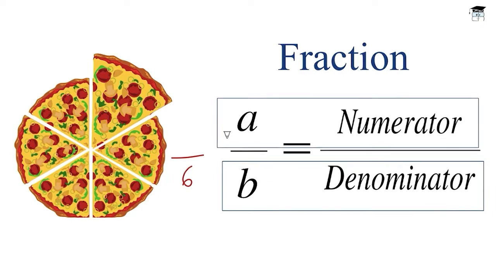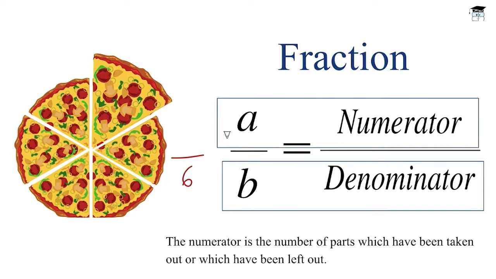The numerator is the number of parts which have been taken out or which have been left out. For example, if I take one slice out of this pizza, then the numerator is 1 and the fraction of pizza left behind is 5 by 6.